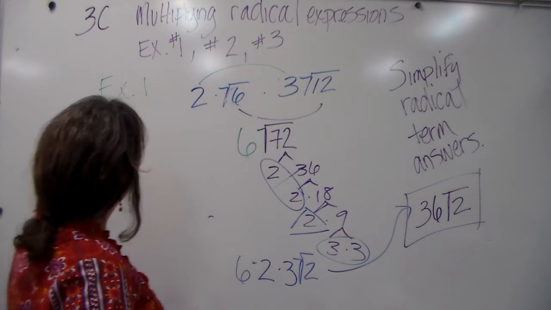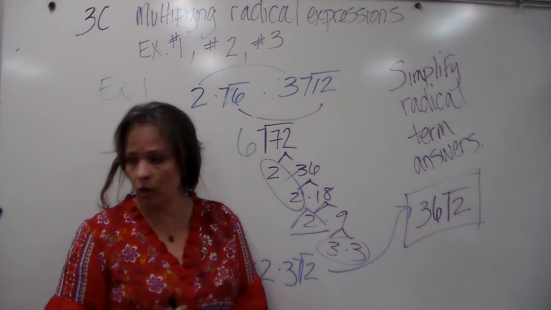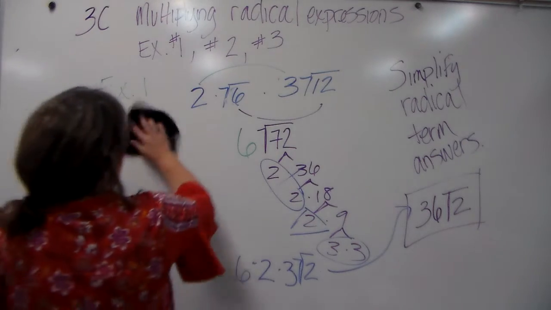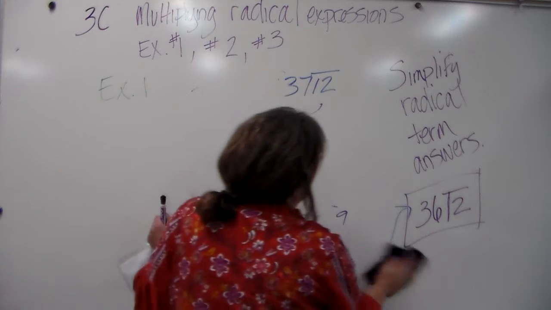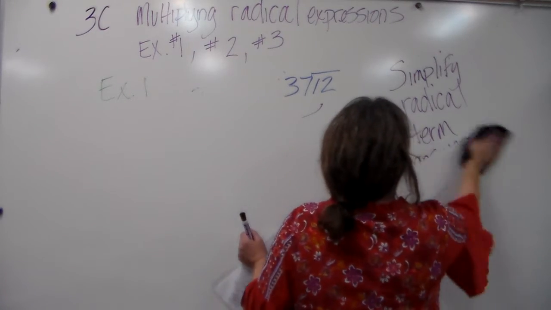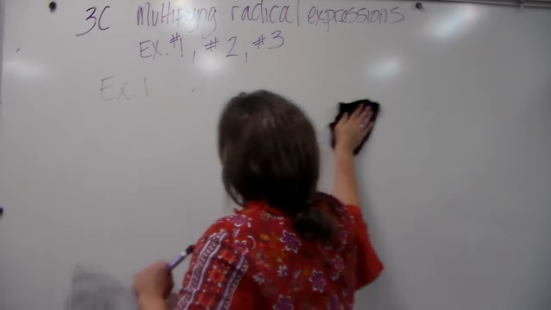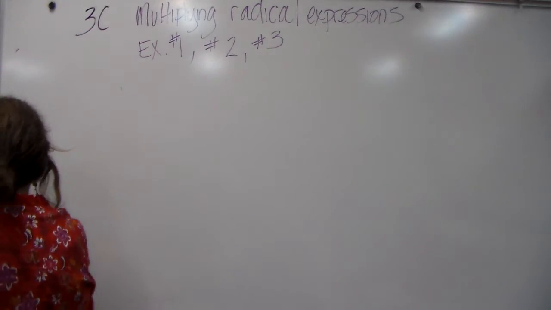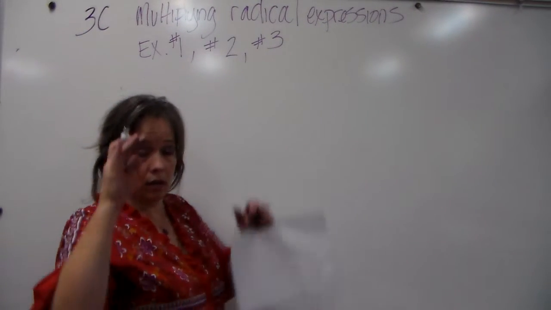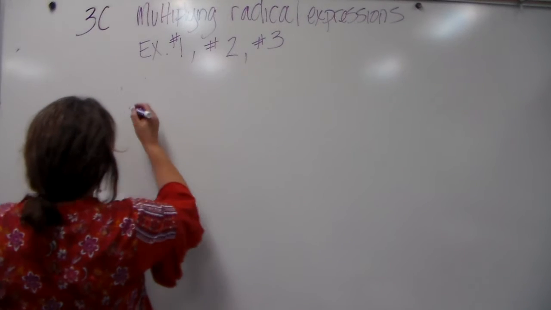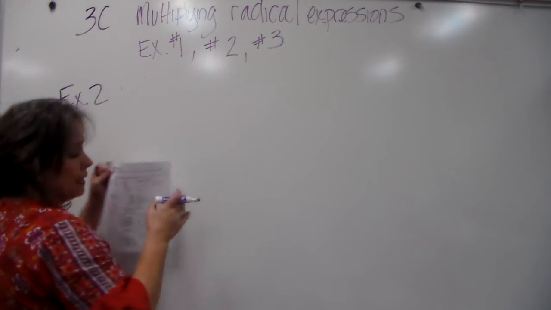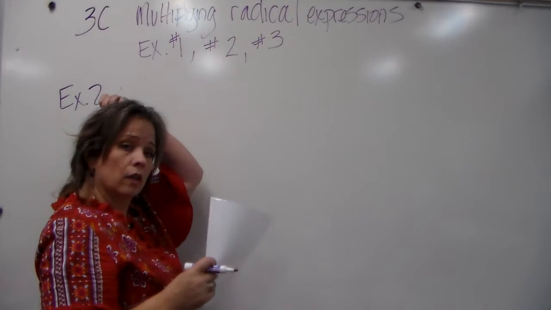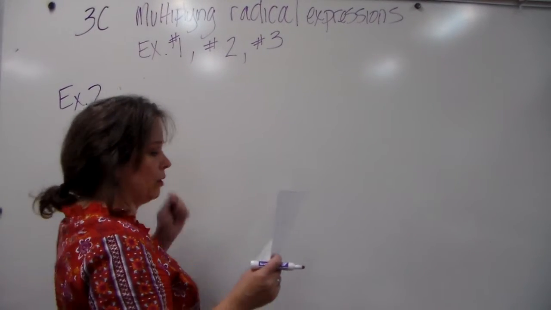All right? Let's go ahead and take a look at example number 2. So on example number 2, we've got one radical term on the outside of a set of parentheses, okay? This is example number 2 of multiplying our radical terms.